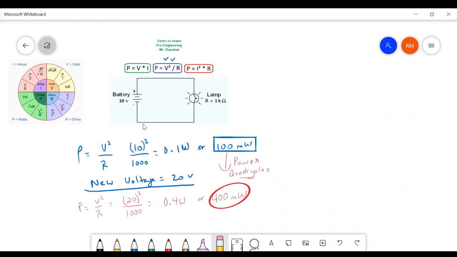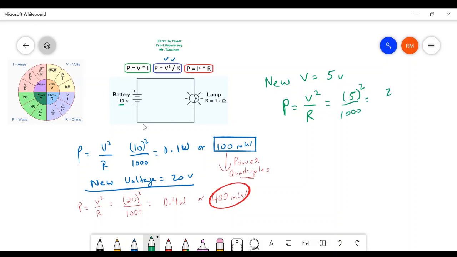So now we'll take the voltage and cut it in half. In the past, we doubled it to see the power consumption quadruple. Now we'll take the original voltage and cut it in half. So now my new V is going to be 5 volts. Let's see how our power consumption changes if our voltage is cut in half. My power formula stays the same, right? So we sub in for V, which is 5 squared, is 25. 25 divided by 1,000.